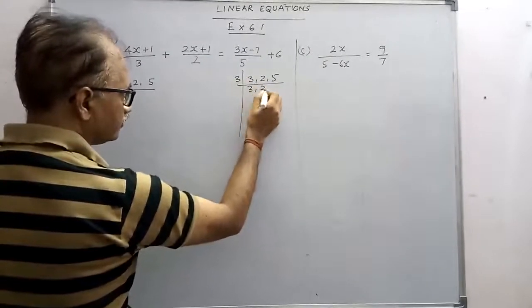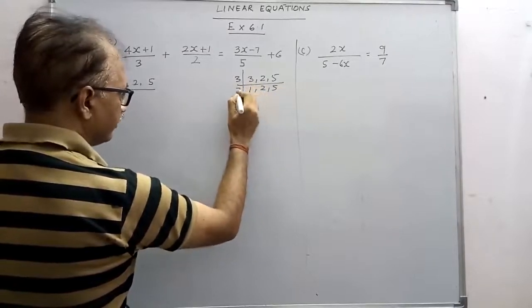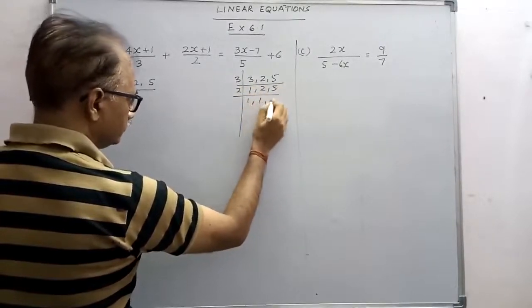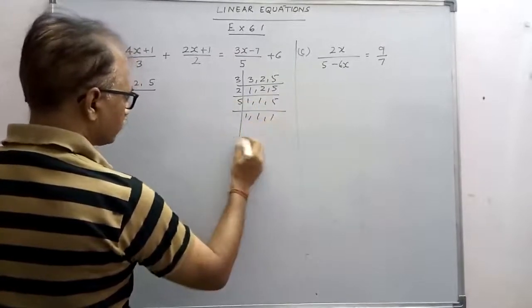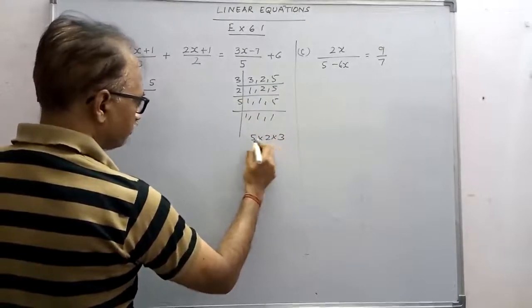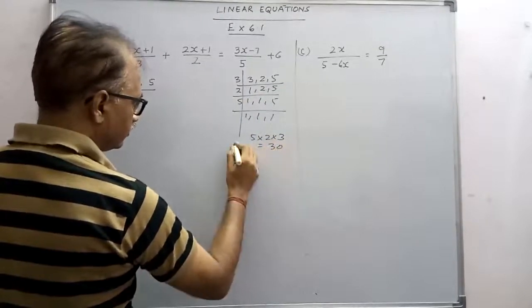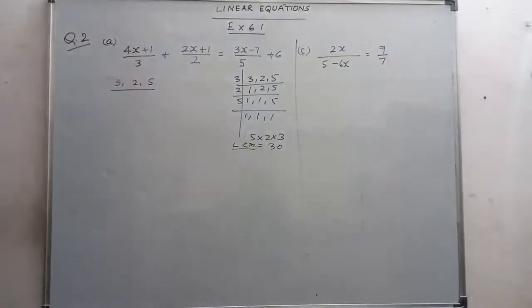Take the LCM of 3, 2 and 5 like this. It simply comes to be 5 into 2 into 3, that is equal to 30. So LCM is equal to 30.